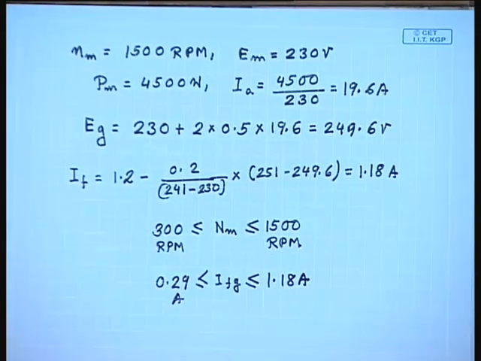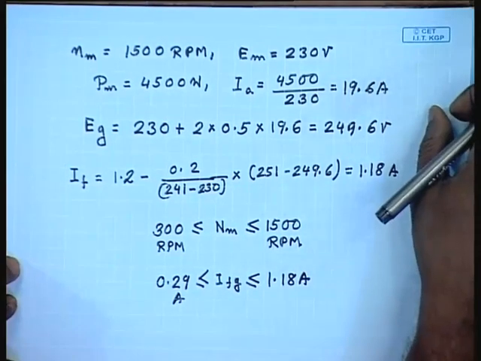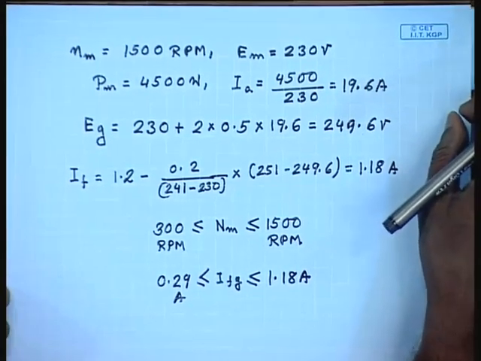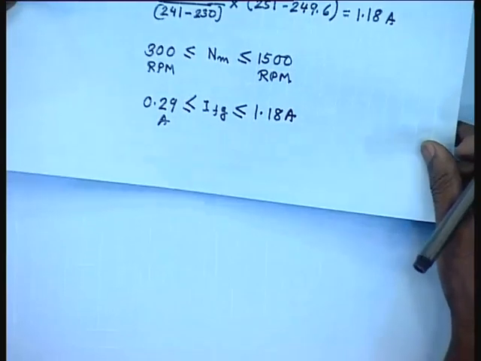So, this is how we can calculate the field current required from the generator of a Leonard system for controlling the speed of the motor over a given range.